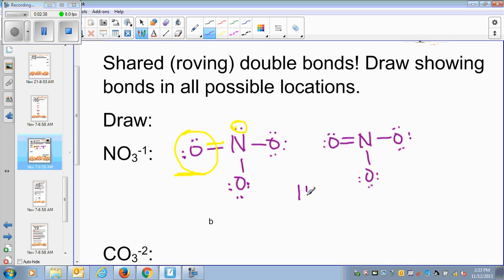So it is possible that this double bond is with this oxygen, and single with the others. But whatever has a double bond will take 4 electrons, so the total will stay 8 for each atom. It is also possible that the double bond goes to the bottom oxygen, like this.